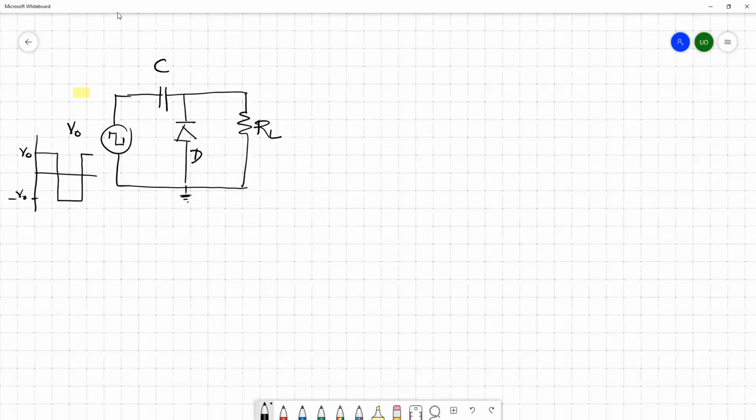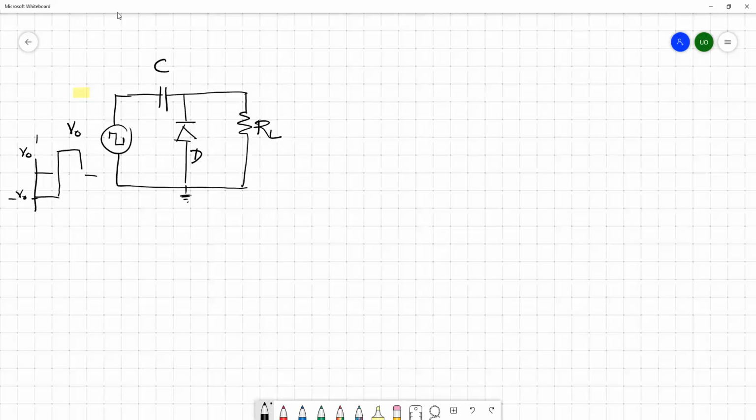Let's consider this very simple circuit and see what happens to this capacitor. I'll make a small change to this input so that later on you can realize what actually happens.